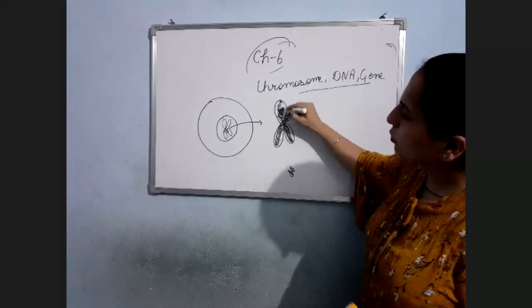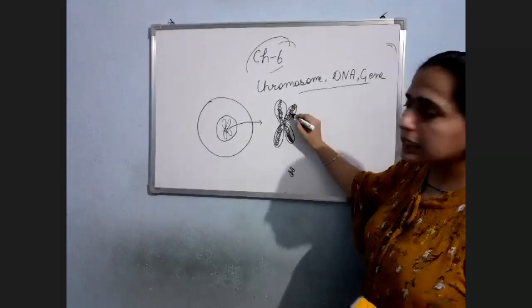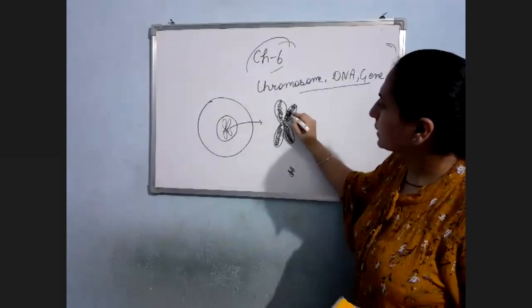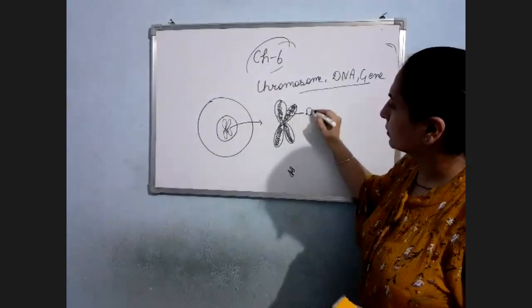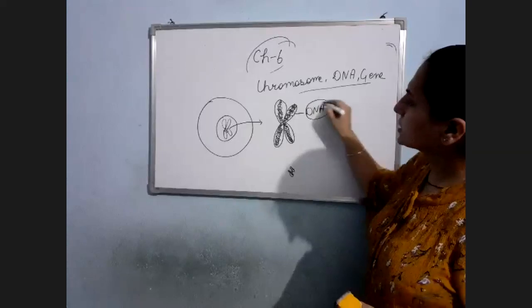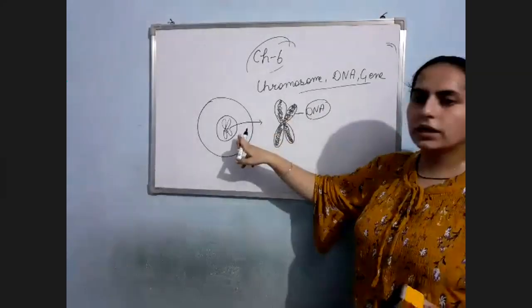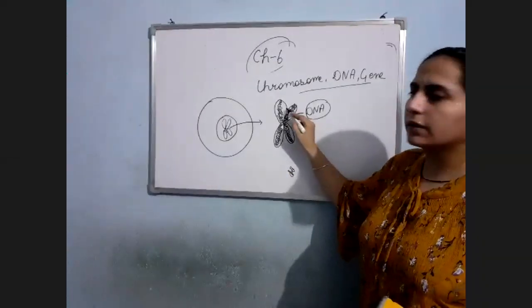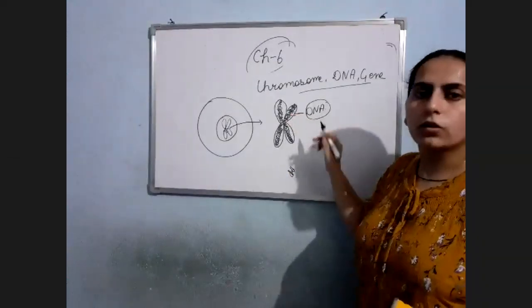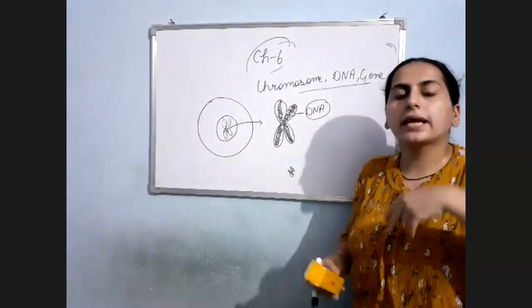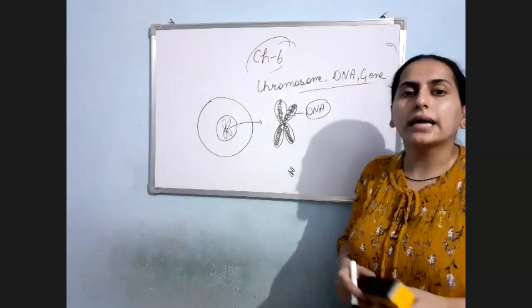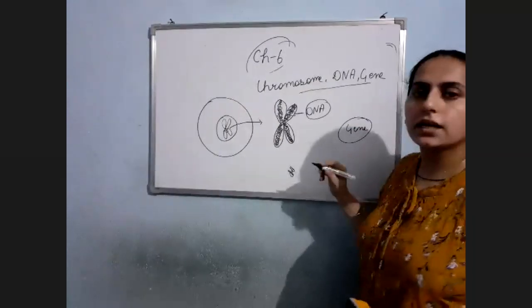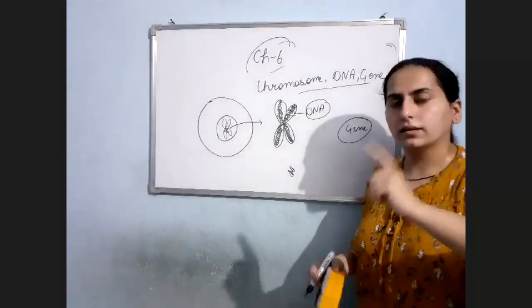So in the chromosome, a segment is DNA. Its structure we have to study. So in the nucleus, chromosomes are there. On the chromosomes, we have segments, and the segments of the chromosomes which carry the information forward, that is DNA.